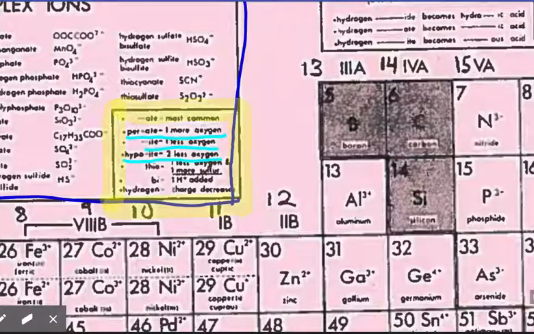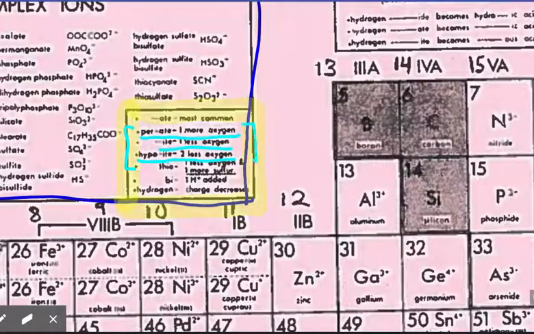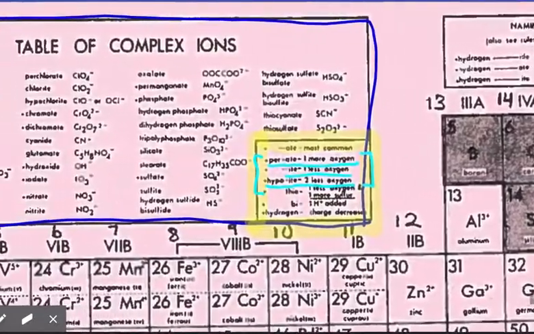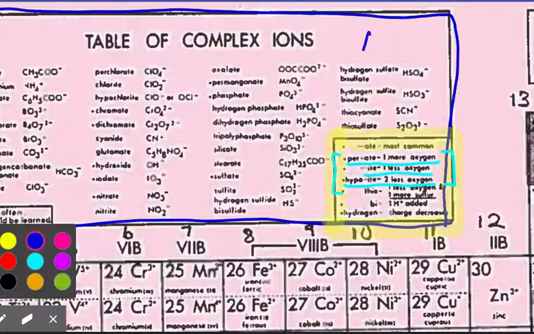So the rules that I just showed you are actually right here, and you don't have to memorize them. You just have to know how to use them. The ate, the most common, is in this big box right here. And then the rules for naming the oxyanions are in the yellow box on your periodic table. So when you are doing examples, for instance, and you see a carbonite compound, you can come over here and find that you have carbonate, CO3, 3 negative, but it's carbonite.